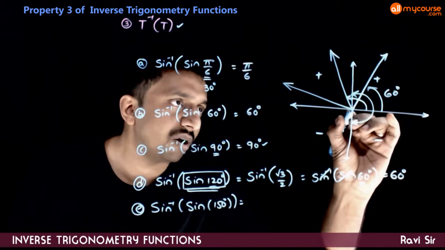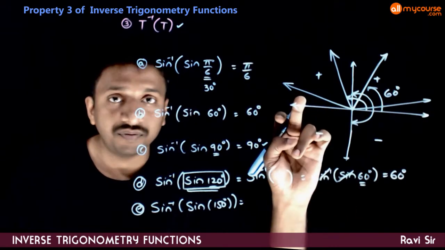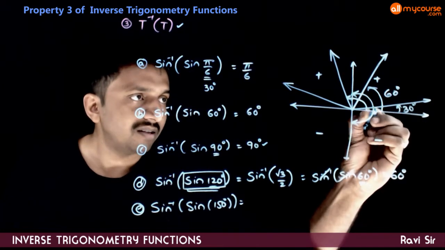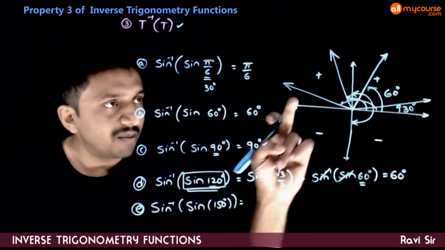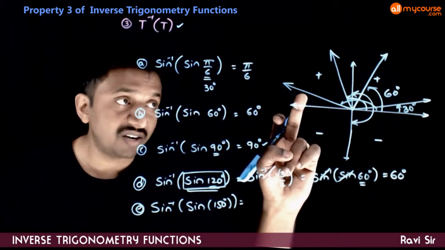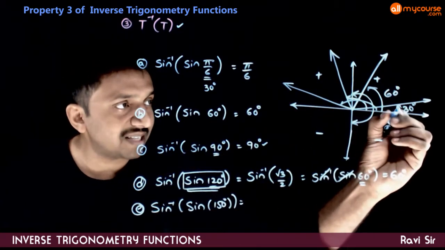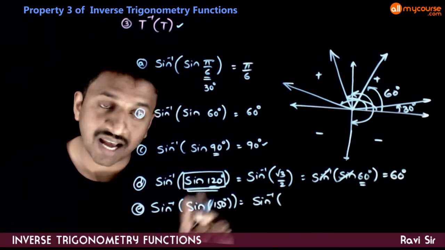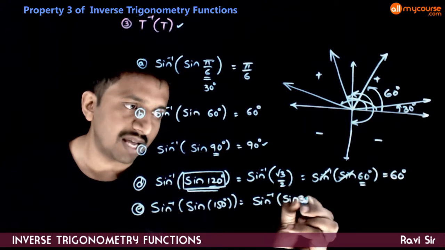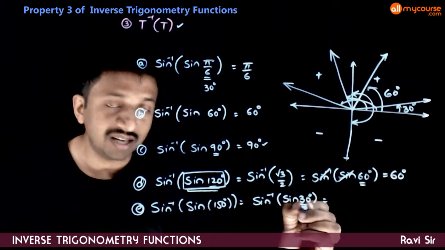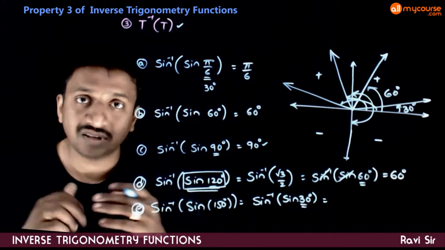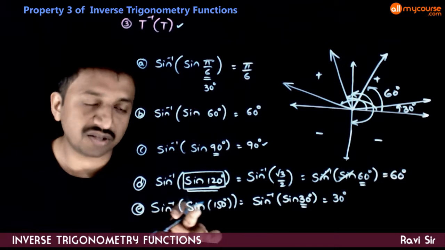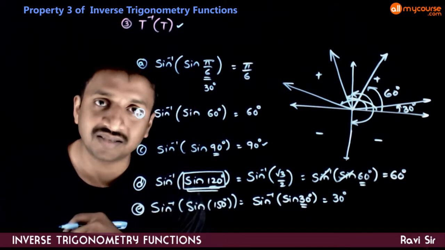So the allied position of 150 degrees in the first quadrant is 30 degrees. That is just the mirror image. The mirror image of the 150 degrees ray on the first quadrant makes an angle of 30 degrees. So sine inverse of sine 150 is exactly equal to sine inverse of sine 30 degrees. Now 30 degrees is in the range of sine inverse and the answer is 30 degrees. So sine inverse of sine 150 degrees is 30 degrees.